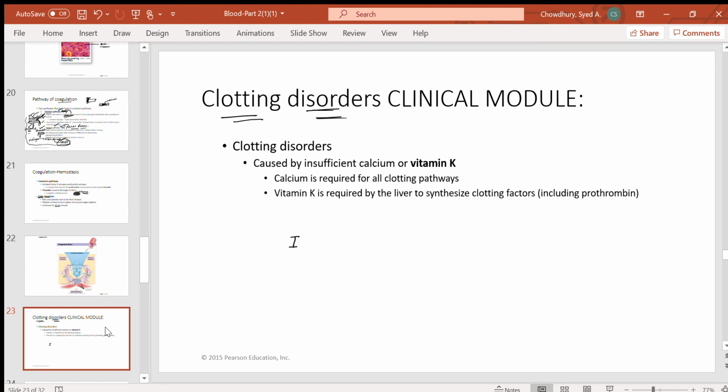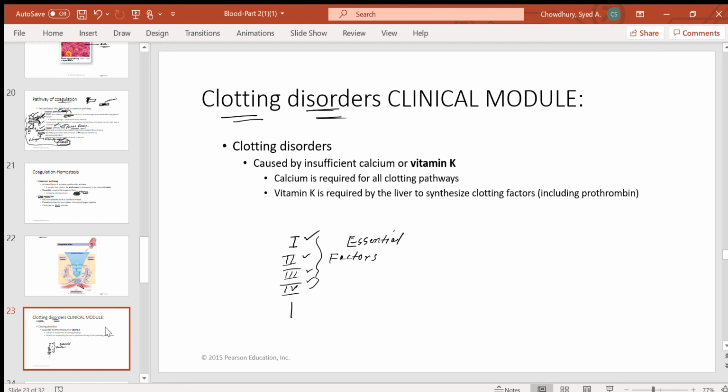We name them using Roman numerals 1, 2, 3, 4. The first four are called the essential factors, because lack or absence of any of these first four factors will not cause clot formation, will not cause coagulation. That's why they are called essential factors.